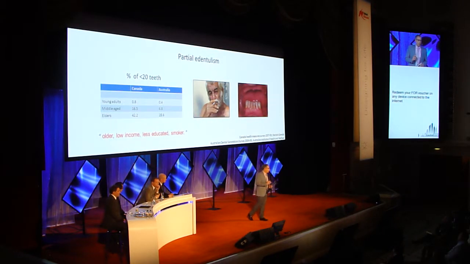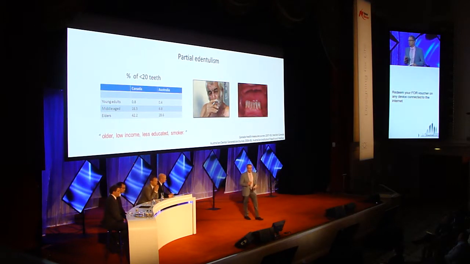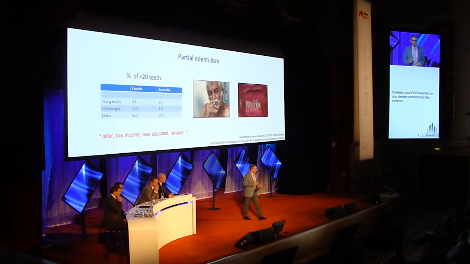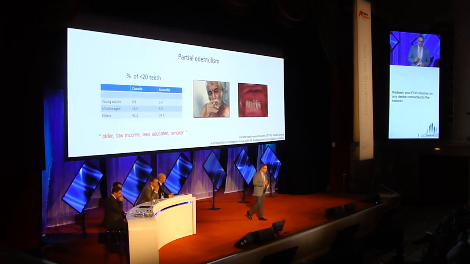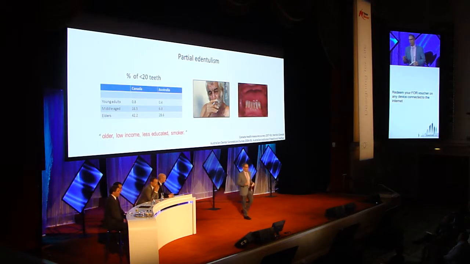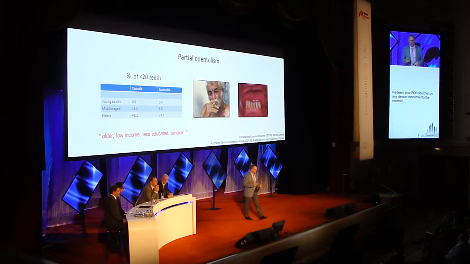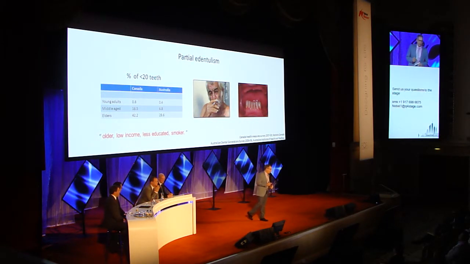However, people are likely to change their mind if they lose more teeth. It has been shown that individuals with less than 20 teeth do complain about some functional deficiencies, and they are less satisfied.